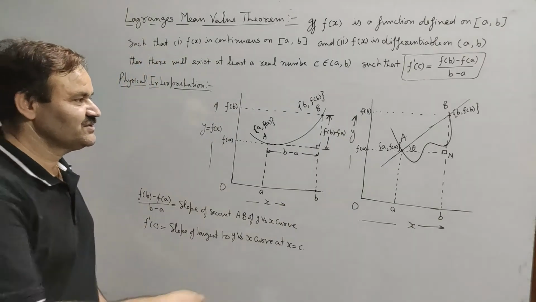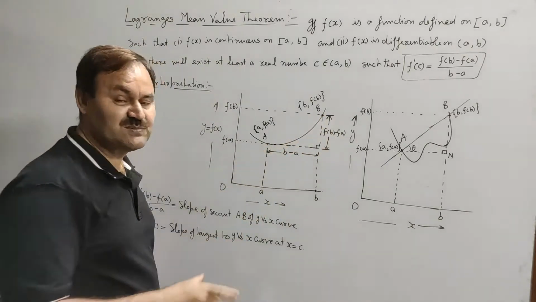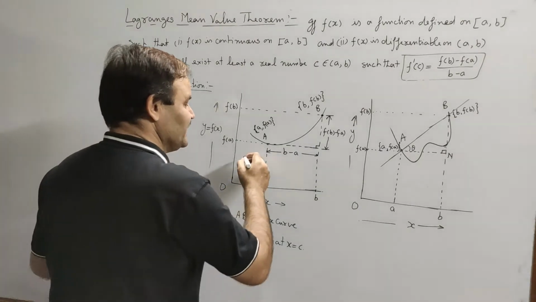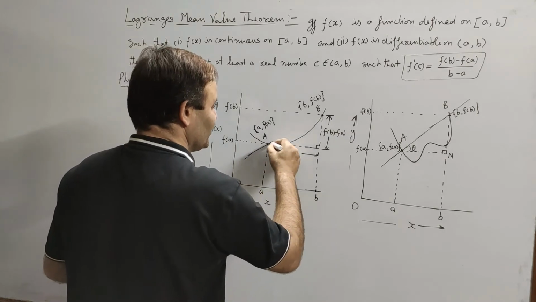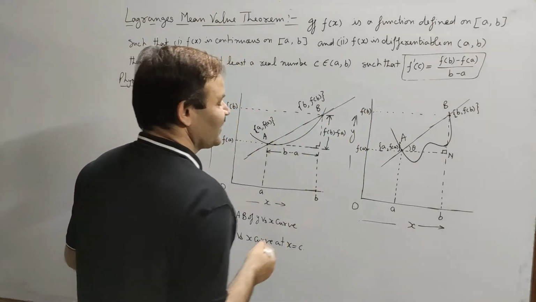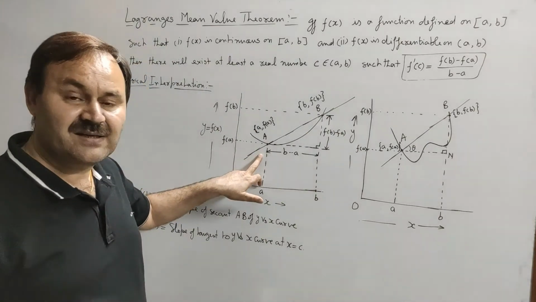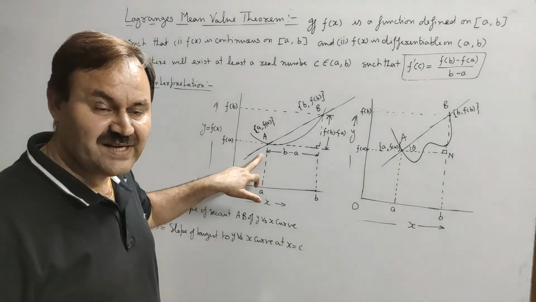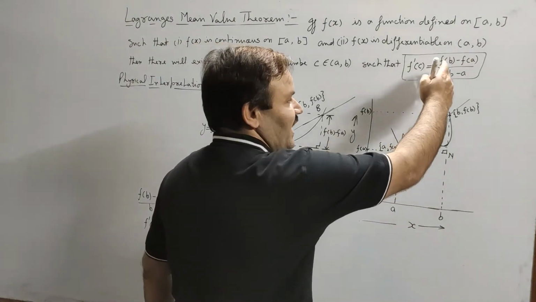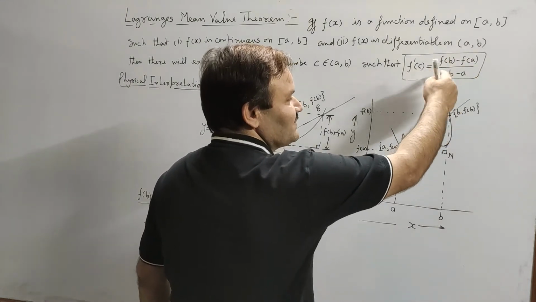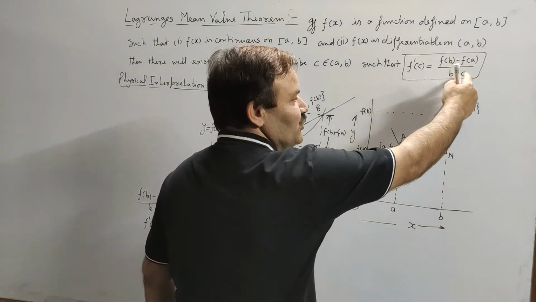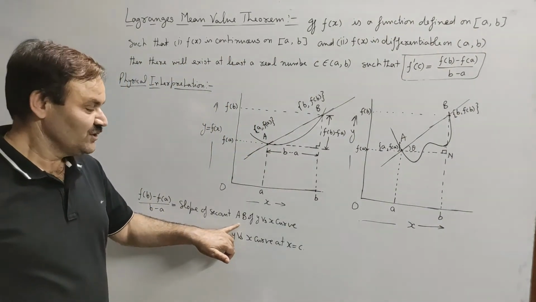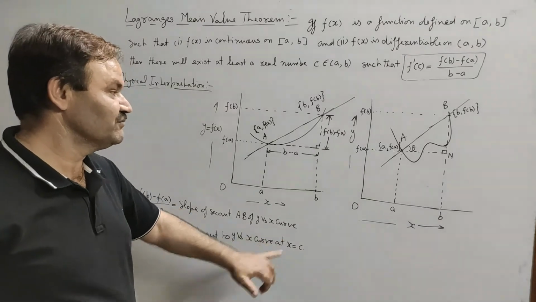So what is the change along the vertical axis divided by the corresponding change along the horizontal axis? This will be the slope of the straight line passing through points A and B, and a straight line cutting the curve at two different points is called a secant. So the right hand side of this expression, that is f(b) minus f(a) upon b minus a, will give the slope of secant AB of the y versus x curve.